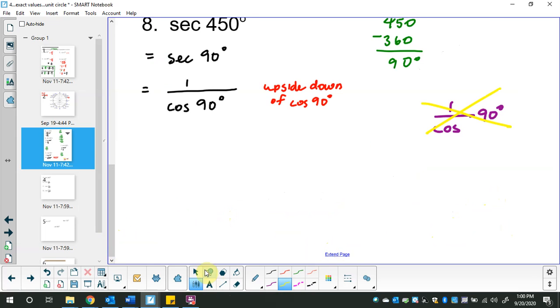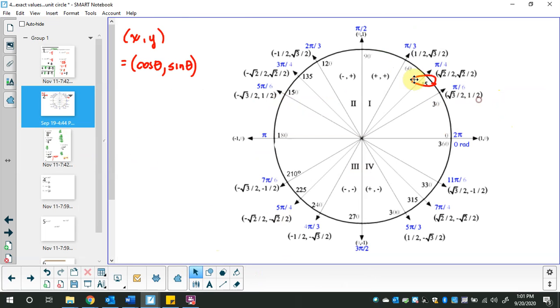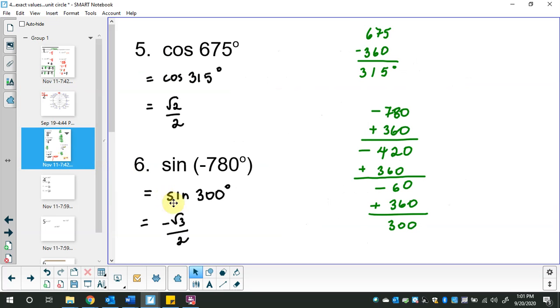So now let's get ourselves an answer. So we have to go to the 90 degree mark, and to get from this line to this line, we will need to write the upside down of cos 90. So here's 90. Cos is the first one. So I have to write the upside down of 0.